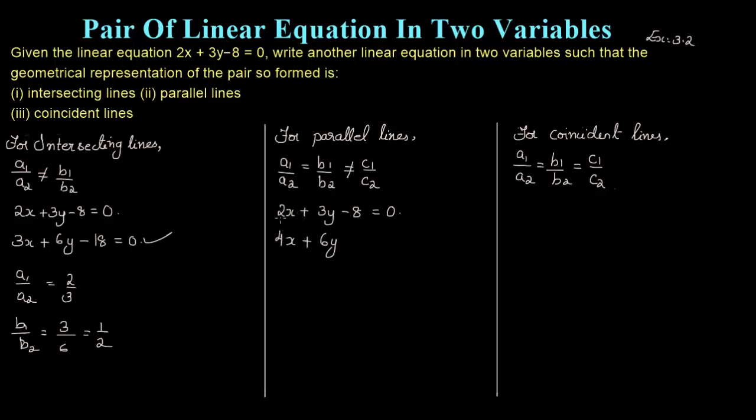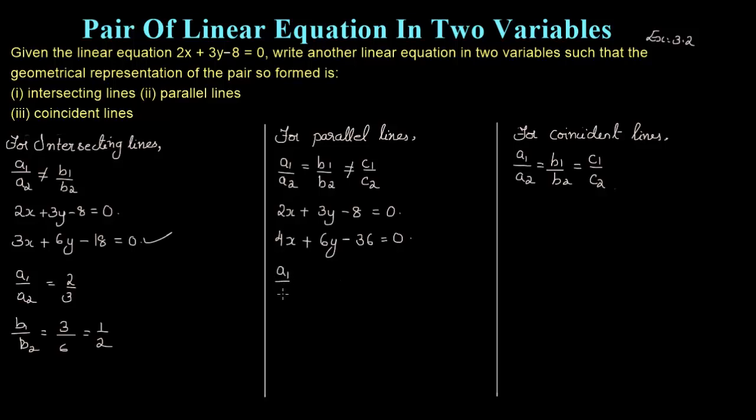So because of that, these two ratios are equal. So 2 by 4 and 3 by 6, you will get it as 1 by 2 only. Now this should be equal. So let me take 8 here. So let me take it as 36 is equal to 0.